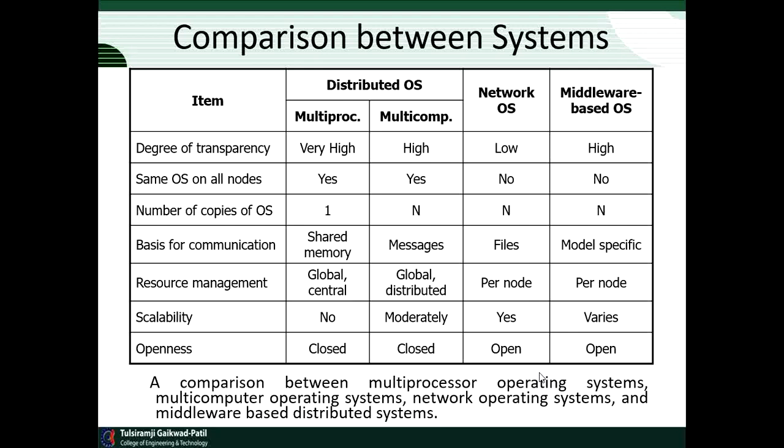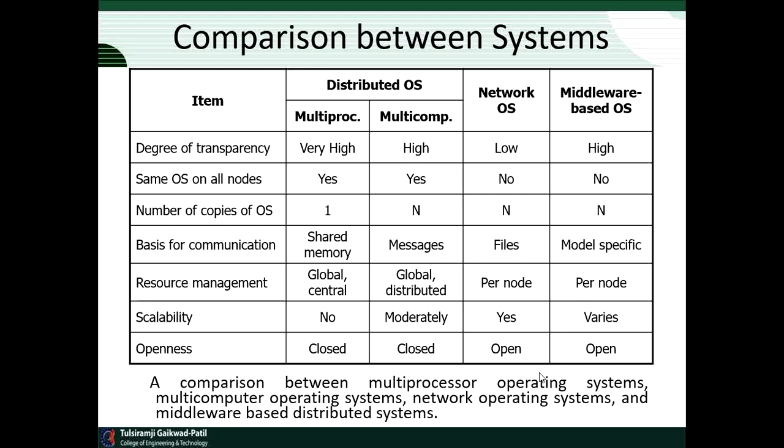Basis for communication is shared memory in multiprocessor distributed OS. In multi-computer distributed OS, it is messages. So we can do the communication through shared memory in multiprocessor distributed OS, through messages in multi-computer distributed OS, using files in network OS, and model specific in the middleware based OS.